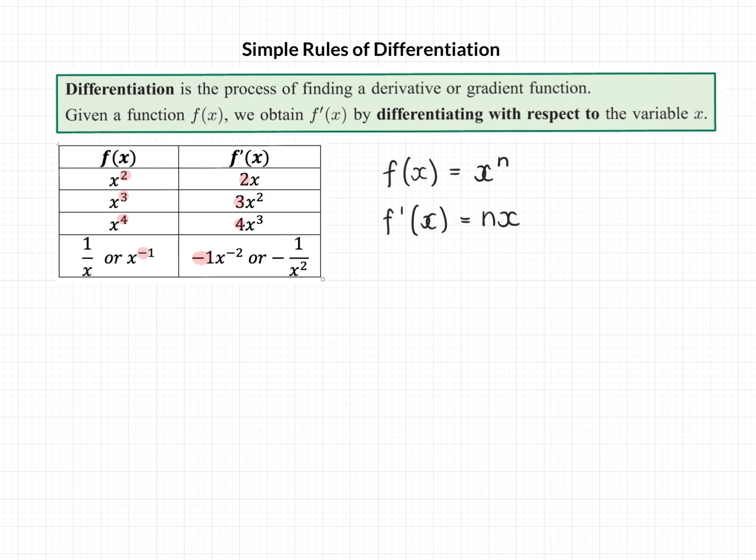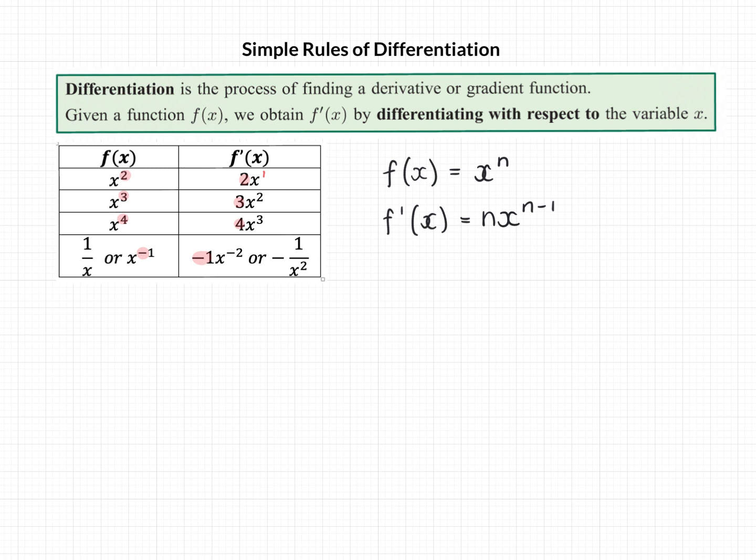And if we look at what's happening with the power, it was 2 and now it's 1. It was 3 and it's gone to 2, 4 to 3, negative 1 to negative 2. So you can see there's a pattern going down: it would be n take 1. So that's our most simple rule of differentiation.